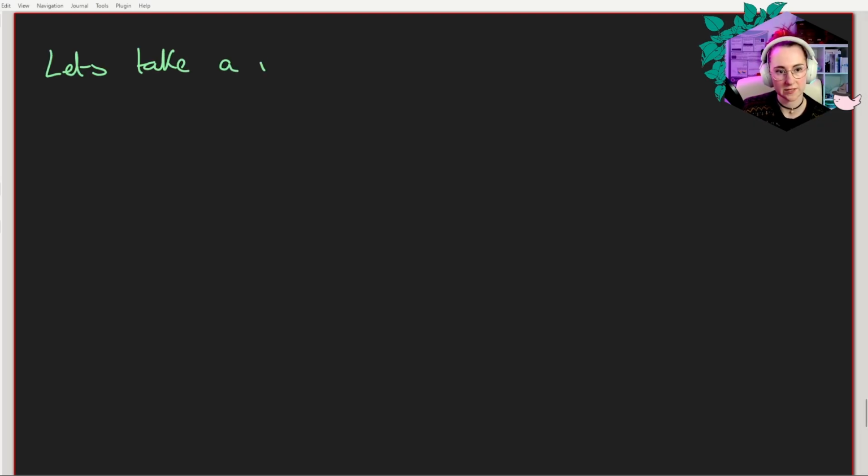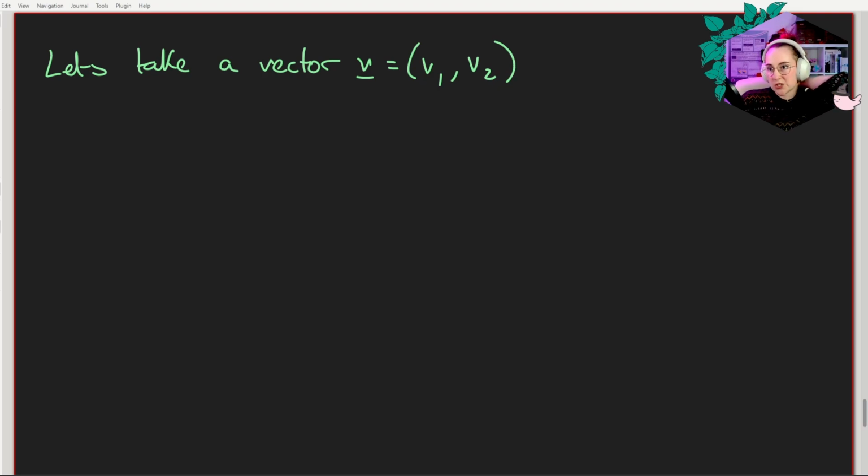Let's take a vector v as v1 and v2. I'm doing all of this in R2 space, 2D space, mostly out of ease of writing rather than because we can't possibly do it in anything else. For now, assume that it's pretty standard.